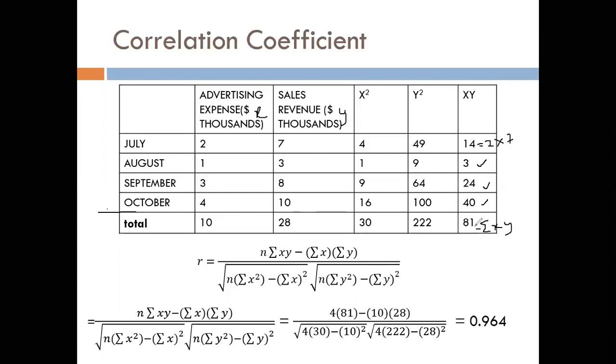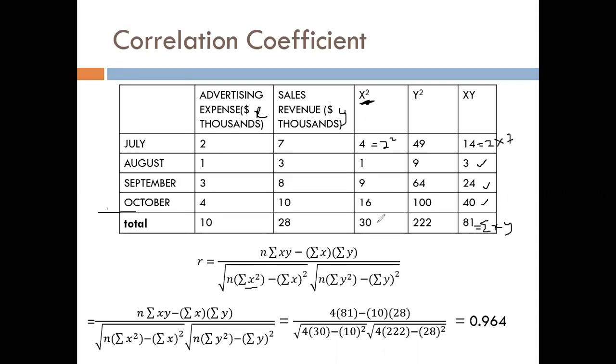Then also you need summation x squared, that is the sum of the squares of x. So you find the squares of x and then sum them up. We square x: this is 2 squared, this is 1 squared, this is 3 squared, this is 4 squared, which gives us 16.